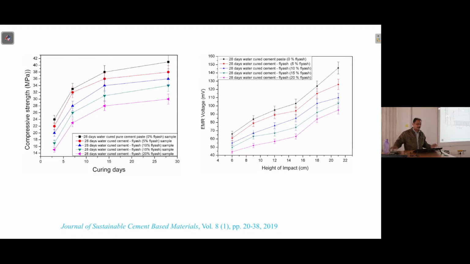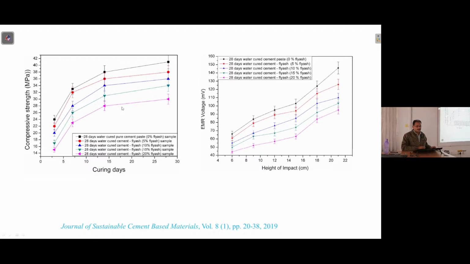And then these are just a bit different trials by changing the fly ash content. Okay, so this is the variation in compressive strength, and this is the variation in signal. So here, black one is for pure cement, and this pink one is the highest percentage of fly ash.